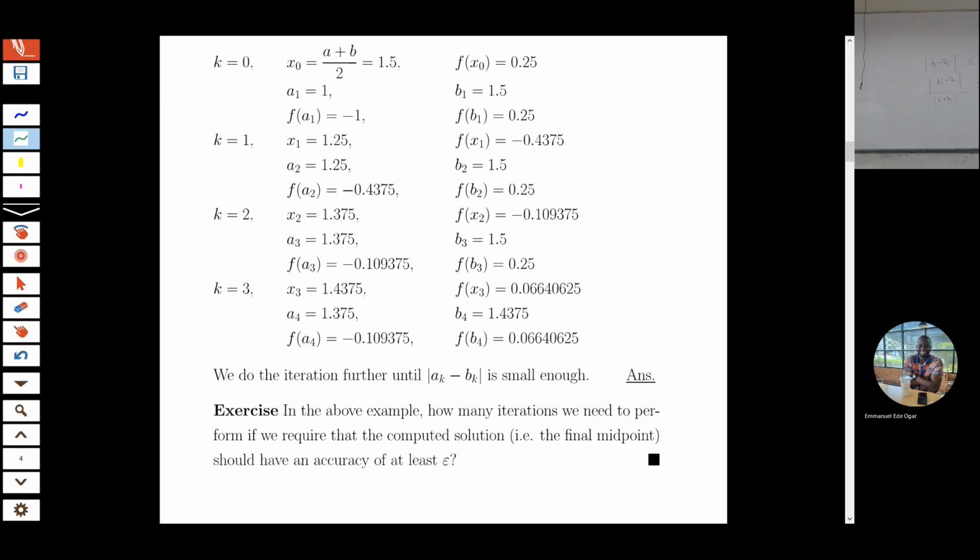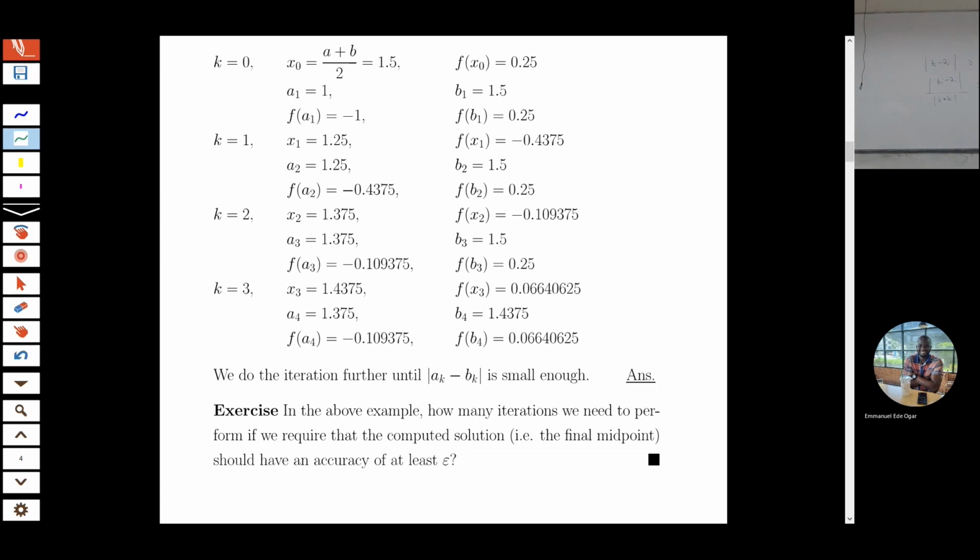After we do this, I give you some exercise. Suppose we start with a being 1 and b being 2. How many iterations do we require, how many bisections, so that the computed solution has an accuracy of at least epsilon?